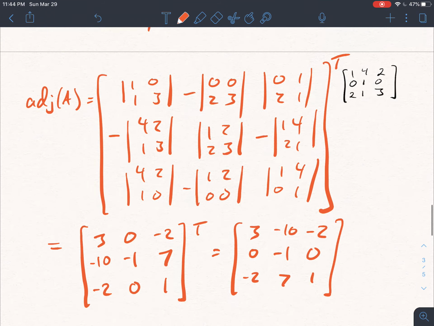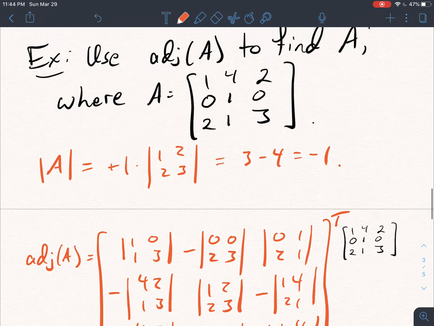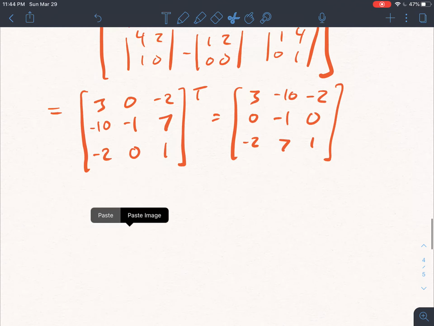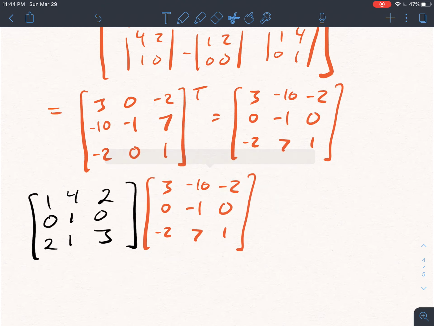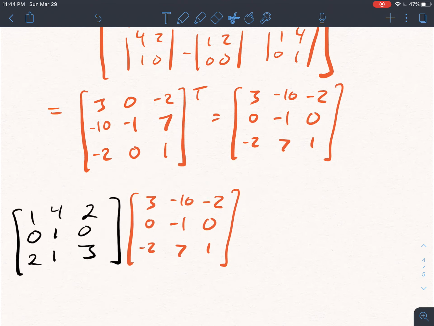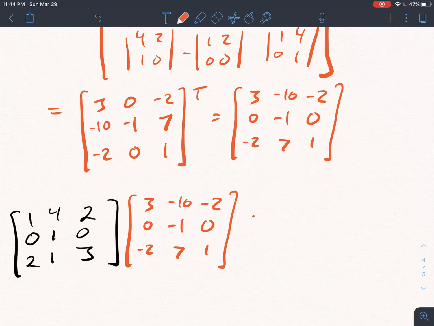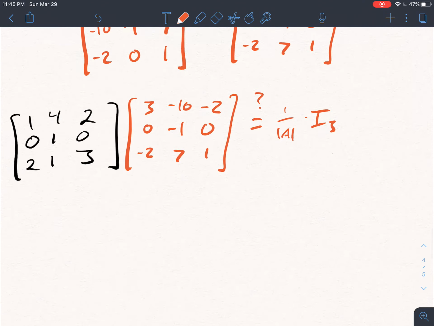And I hope that is right. I don't know if this is right or not. I don't think there is an easy way to check it other than multiplying these matrices together and seeing whether I get 1 over the determinant times the 3 by 3 identity matrix.